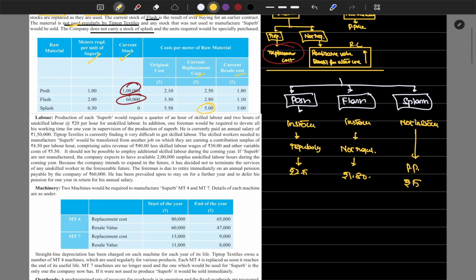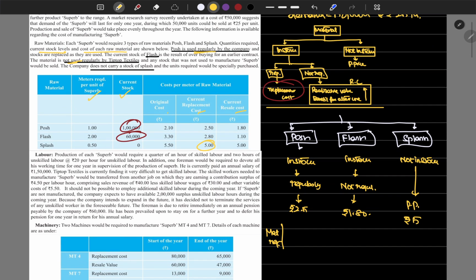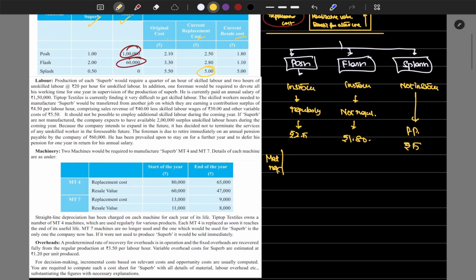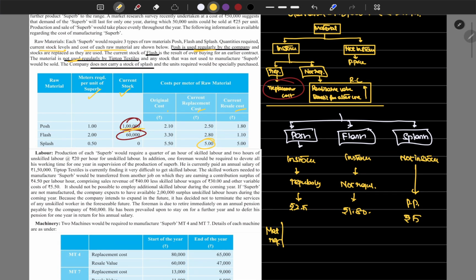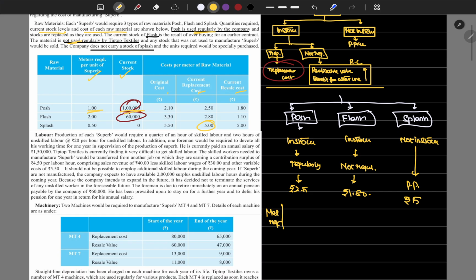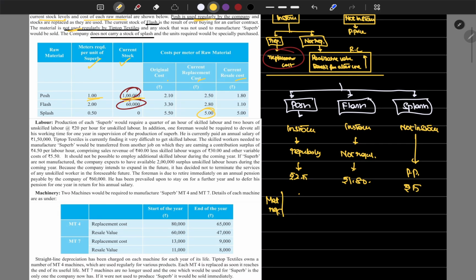And what's the material requirement for this? Material required is 50,000 units of our demand. Posh has 1 lakh units, and one unit is required for every one superb unit, so we have enough stock, no issues.